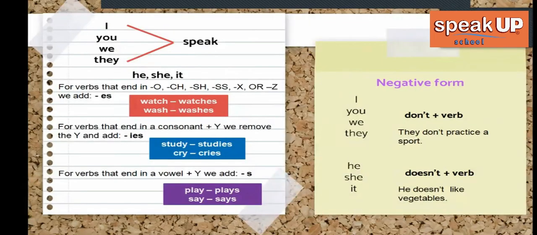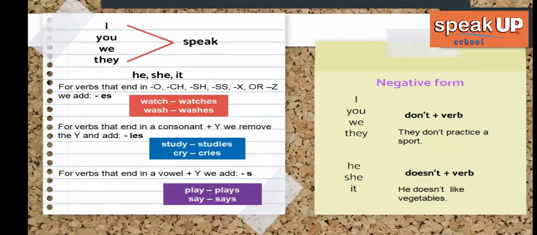Maybe you already remember all of this, okay? So if you remember, when we talk about an affirmative sentence in present simple, when we use the subject or the pronouns I, you, we, they, the verb that we use is in the base form. For example, speak, or play, or watch, or eat, or drink, okay?